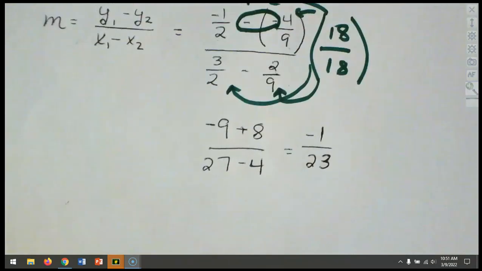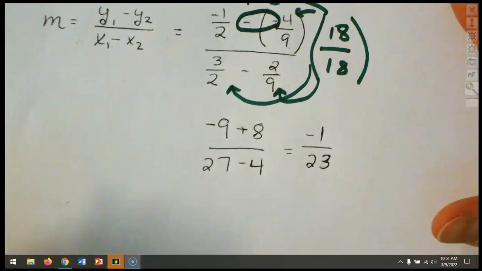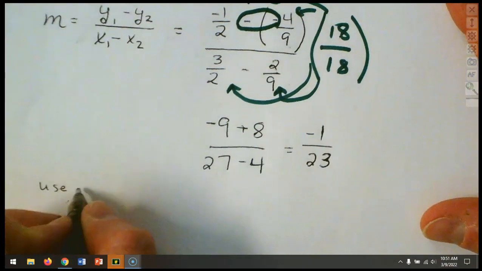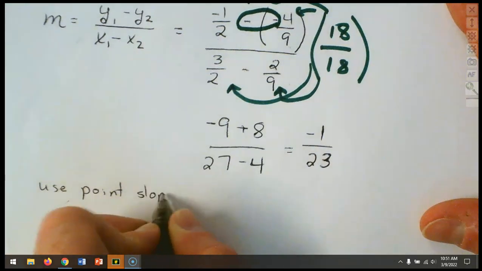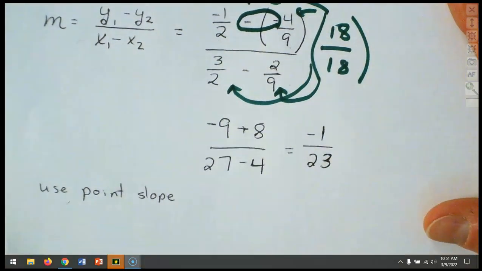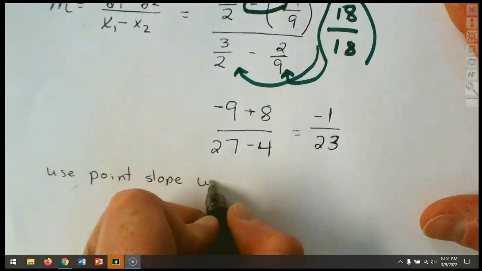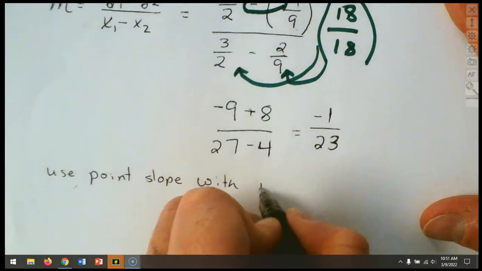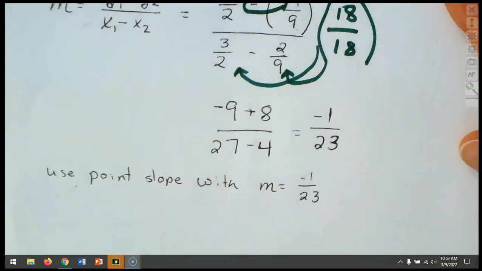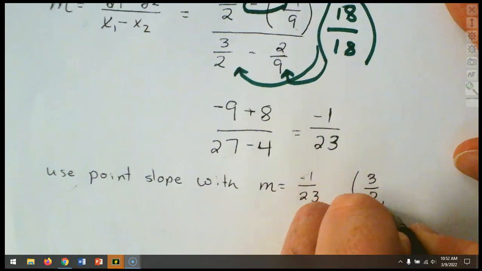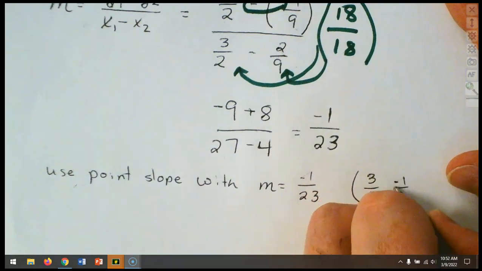So we have found the slope. Now we have to use point slope. And we're going to use point slope with m equals minus 1 over 23, and that first ordered pair, which is 3/2, comma, minus 1/2.